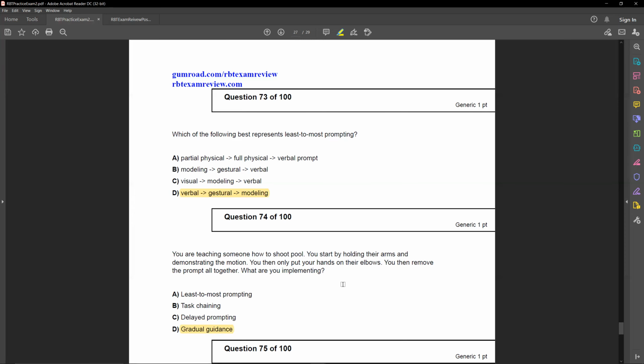So in this scenario, we're holding arms, full physical, and then putting our hands on their elbows, partial physical, and then fading the prompts, okay? So when we're talking about introducing and removing physical prompts, we're talking about gradual guidance, right? As needed, we introduce a little more physical prompts, and fade as quickly as possible, okay?